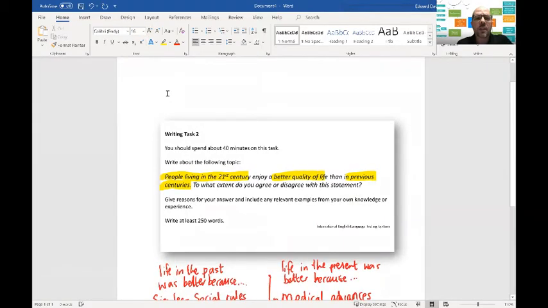In my first sentence, I want to paraphrase the statement of the question and refer to the issue being spoken about here. So I highlighted people living in the 21st century, better quality of life, previous centuries. So I'll start by paraphrasing that by saying modern life is considered by many to offer many benefits compared to the past.